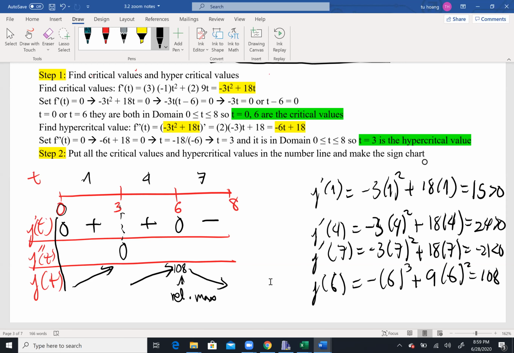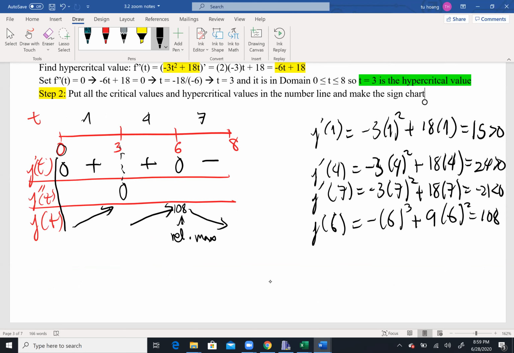So what does that mean? The relative maximum is going to be at the point 6,108. Okay, and what else? Now I'm going to consider the second derivative of t.